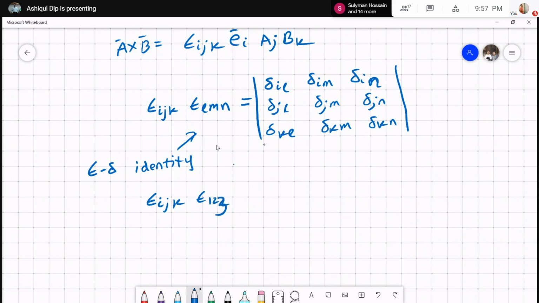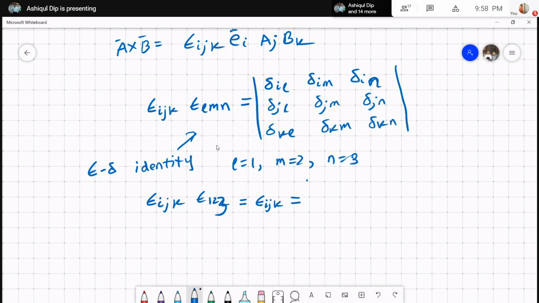Now you have said l equals 1, m equals 2, n equals 3. Now you know what your epsilon 1, 2, 3 is, right? What is that? It's 1, as it is an even permutation. So you're left with epsilon ijk.